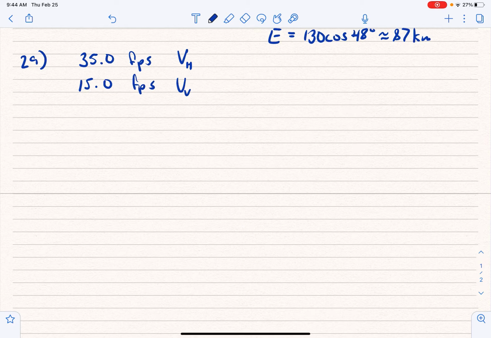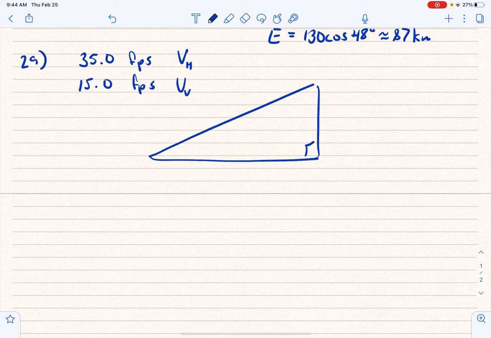Man, I hope you realize that this was super easy because all this is Pythagorean theorem. There's no trig on this one. Okay, it's 35.0 here, it's 15.0 here. We want to know what the velocity is. So 35 squared plus 15 squared is going to give me that velocity squared, which ends up giving me 1450 is equal to velocity squared.